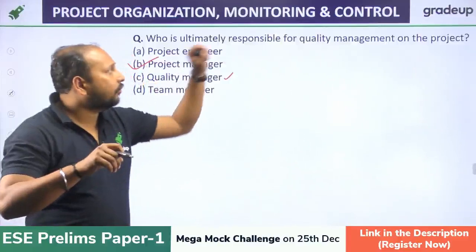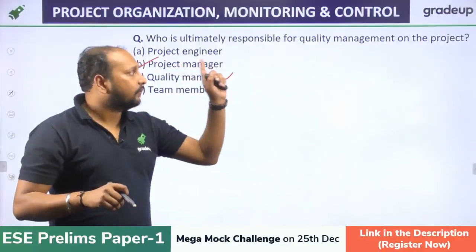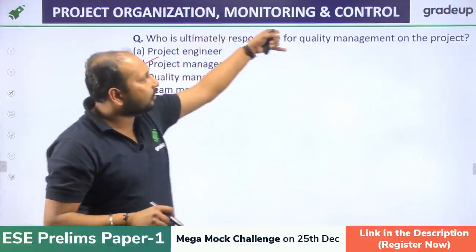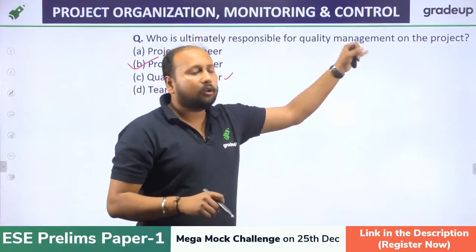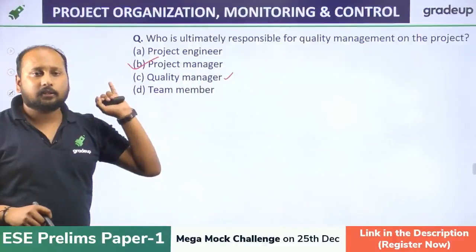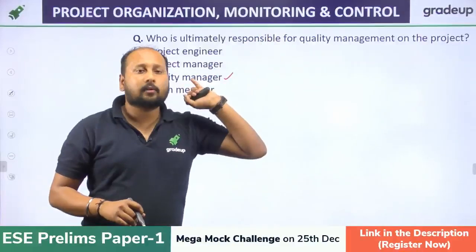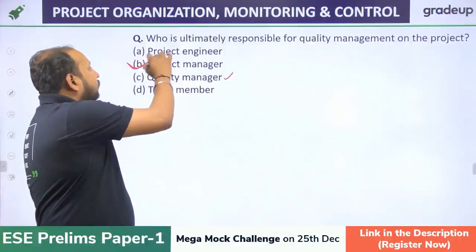If I talk about the overall management, the project manager is responsible. But if the question is who is responsible for quality control or quality check on the project, in that case that will be the quality manager. But if it says who is ultimately responsible for the quality management of the project, the option is project manager.